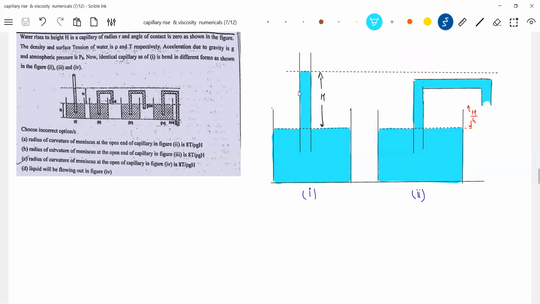You have to look at this curvature. That is the concept. That is what he's asking: radius of curvature of the meniscus at the open end of the capillary tube. This was the open end. Okay, let's see what to do with this particular problem. So the radius of curvature is being asked.